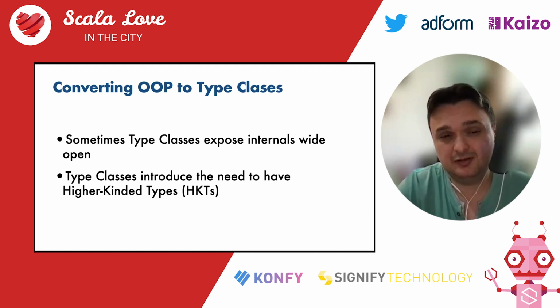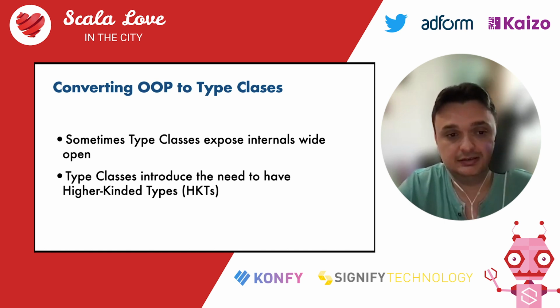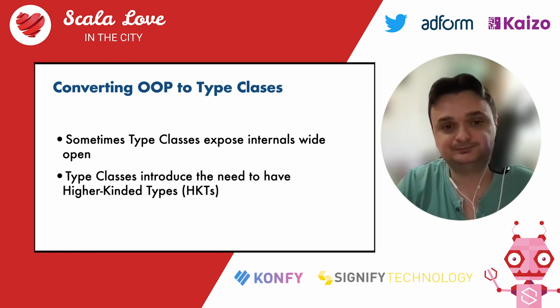Some things to keep in mind. Sometimes type classes expose their internals wide open, and you may not want that. And also type classes introduce the need to have higher-kinded types. As soon as you have type classes in the language, you also start needing to talk about types that have type parameters. That's what a higher-kinded type is for.